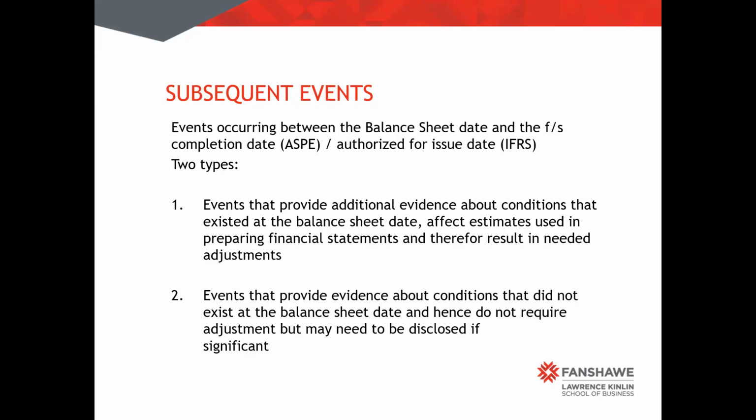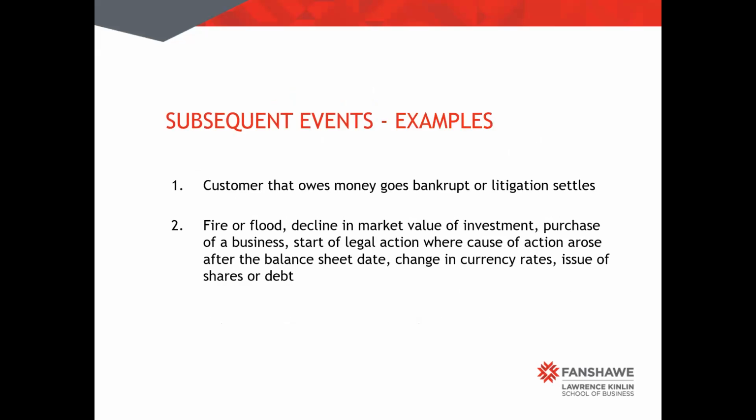Maybe it's a lawsuit that came in April, but it has to do with activities in January. You would also disclose that and make adjustments accordingly. Here's an example: a customer that owes money goes bankrupt. So an AR that maybe you didn't allow for, and you have an insignificant allowance for doubtful accounts, would be considered a subsequent event, and you would have to adjust accordingly.